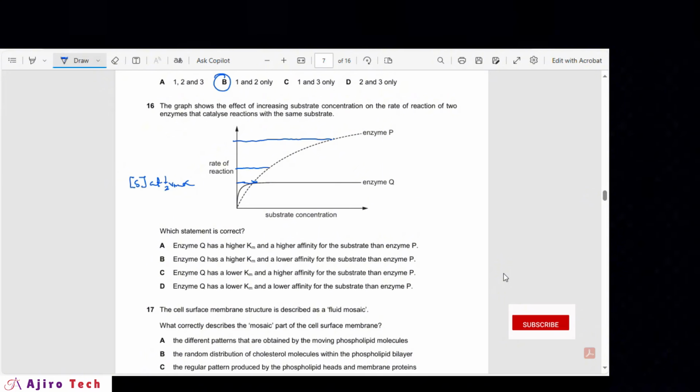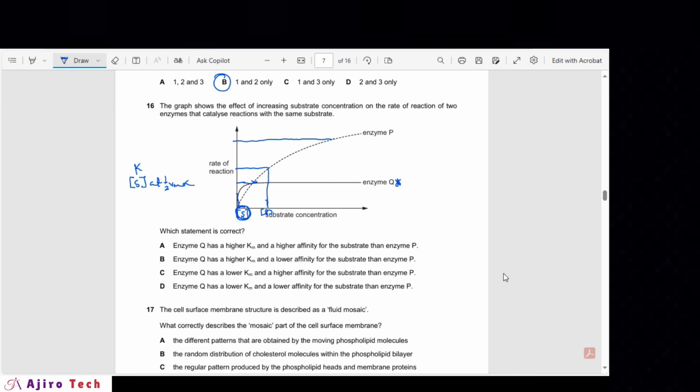So the substrate concentration at half Vmax will be around here. Or if you look for the substrate concentration at half Vmax here, it's going to be very much closer around here. So this one has the lower substrate concentration at half Vmax, that's enzyme Q, which is Km.